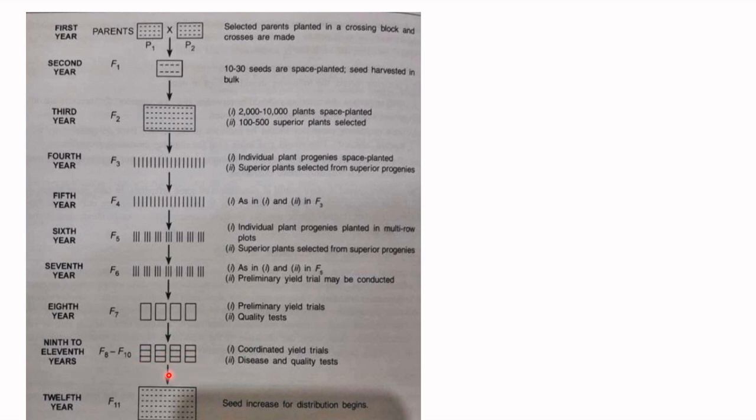So 2 to 5 superior lines which are selected from these are going to be multiplied, and these multiplied seeds are called breeder seeds, which are going to be developed into foundation seed and then certified seed for distribution to the farmers.